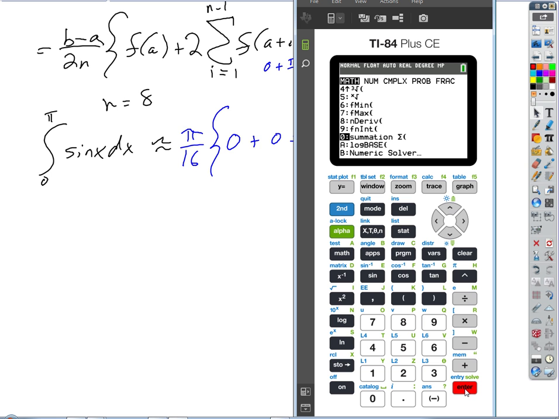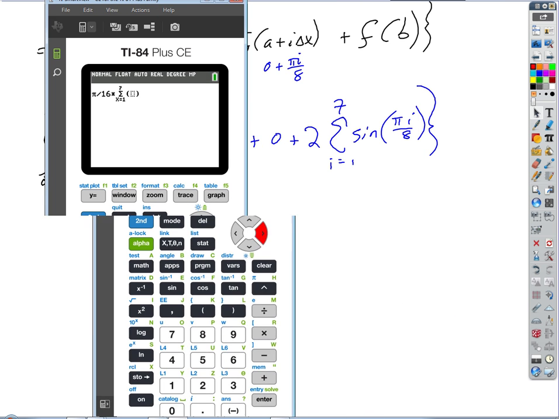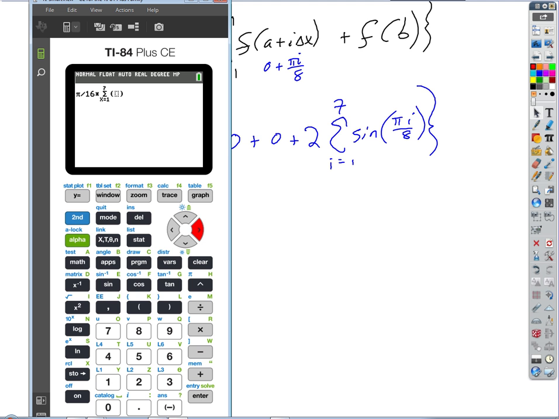Sum as x goes from 1 to 7 of, because I just skip the 0 plus 0, right? Sine of, oh, you know what, I think I'm in degrees now, so we might have to change that. Sine of pi x divided by 8. Everybody agree?